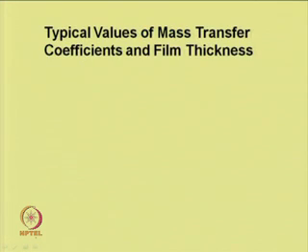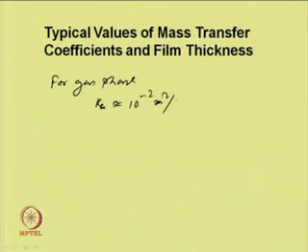So the typical values for the mass transfer coefficient and the film thickness in case of the gas phase: Kc is equal to about 10 to the power minus 2 meter per second, and film thickness delta is approximately 1 millimeter.